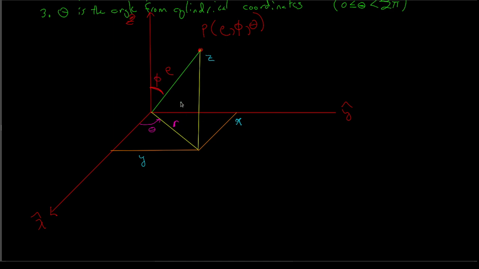So we can see every coordinate system stacked on top of it. So the first thing we're going to look at is how r relates back to rho.